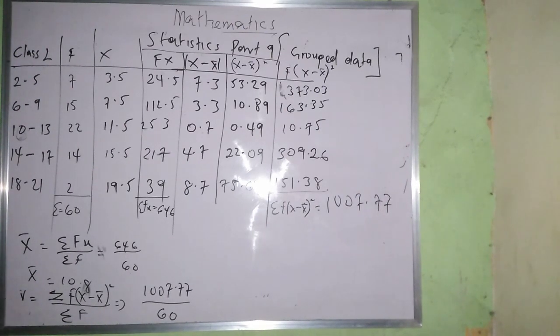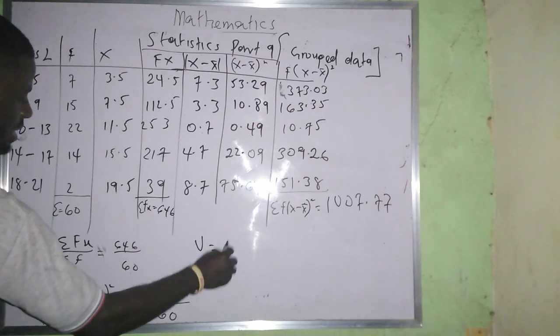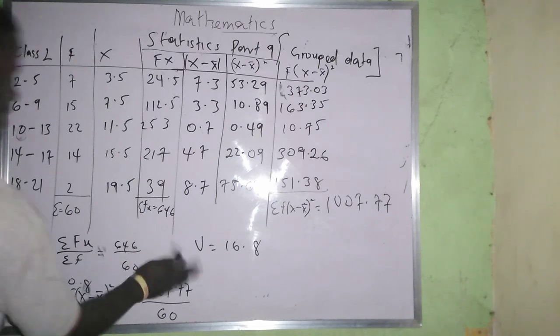My variance will be 16.8 in terms of approximation. Now I've achieved my variance.